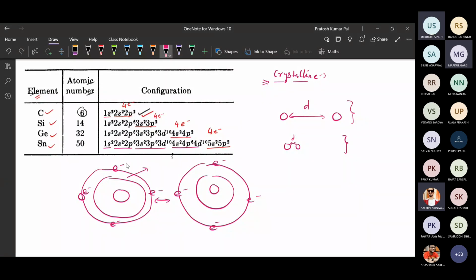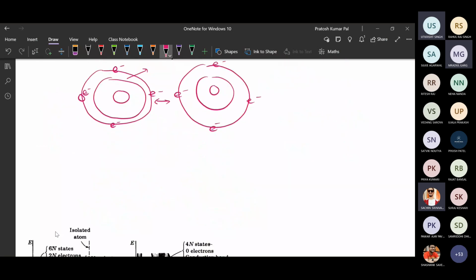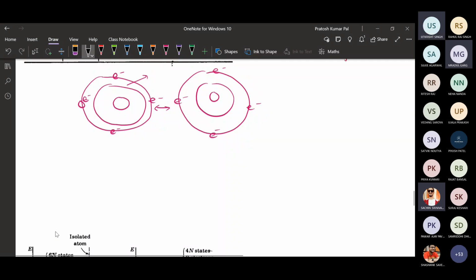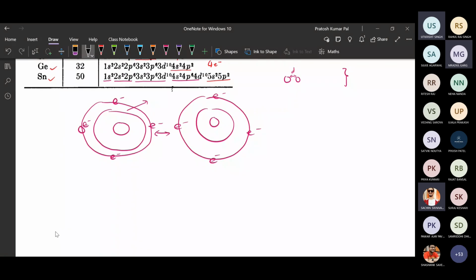Now we will see different cases: if we place two atoms at different distances, what will be the properties. Suppose we have case 1. In case 1, atoms are far apart.